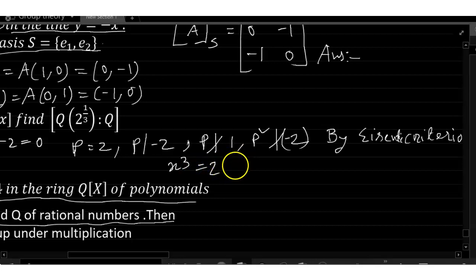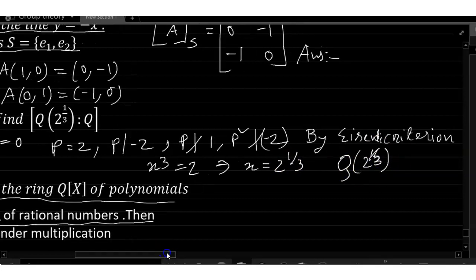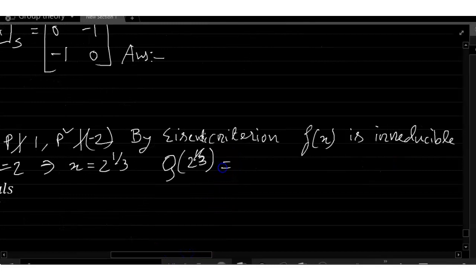So x cube equals 2, so x equals 2 to the power 1/3. So the problem is Q(2 to the power 1/3), and the basis is 1, 2 to the power 1/3, and 2 to the power 2/3.